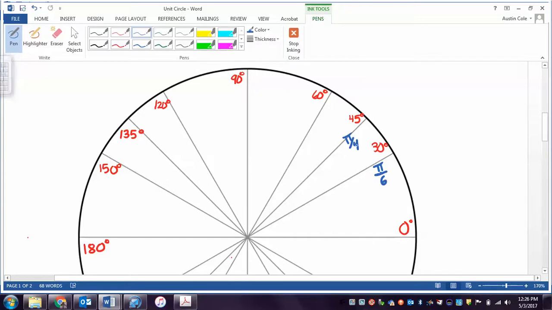If 30 degrees is pi over 6, what's 60 degrees? Pi over 3. 2 pi over 6 is also correct, but 2 divided by 6 is 1/3. How about 90 degrees? How many radians is 90 degrees? Pi over 2. Do you agree? Yep. Pi over 2.